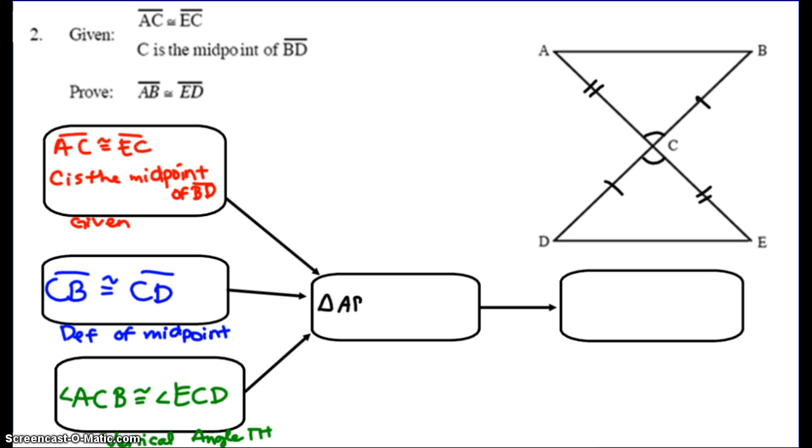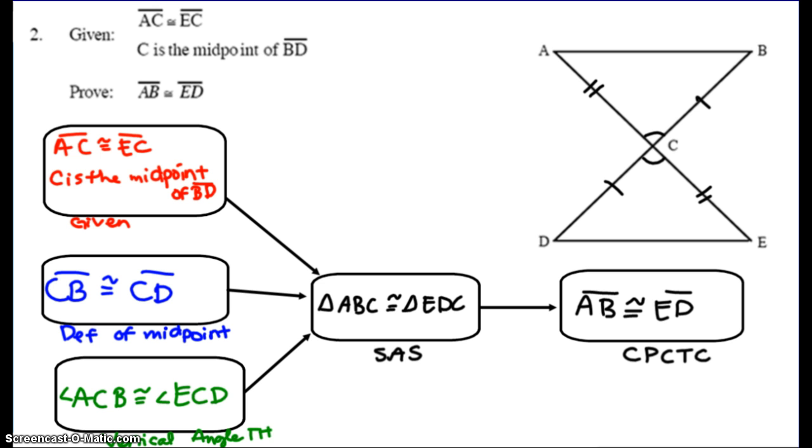So triangle ABC is congruent to triangle EDC by the side angle side congruence postulate. And that means that AB must be congruent to ED because of corresponding parts of congruent triangles are congruent, or in this case, CPCTC.